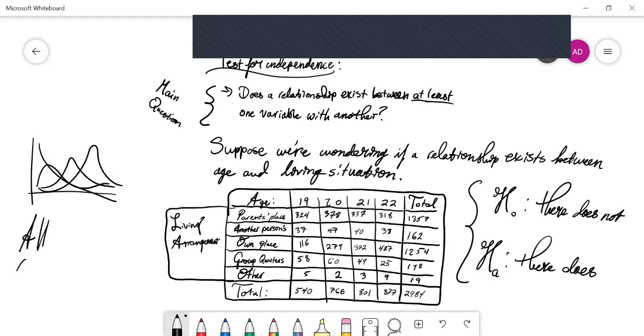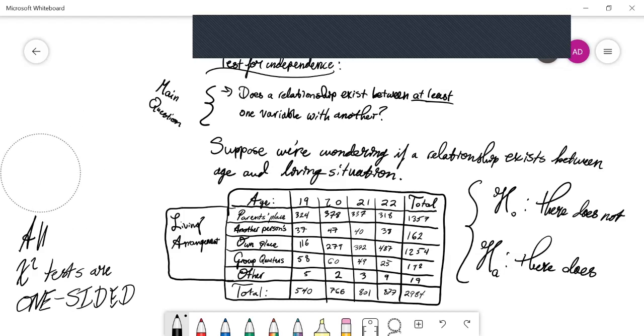All chi-squared tests are one-sided. But if we wanted to make it two-sided, we could do that. But for our purposes, they'll only be one-sided.